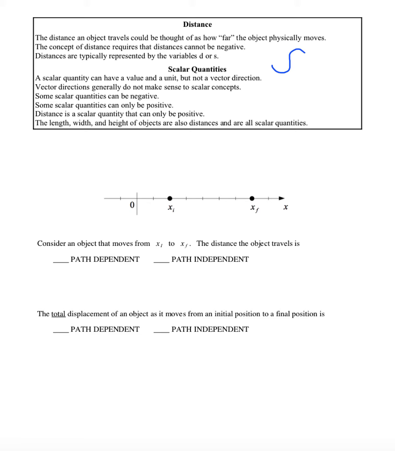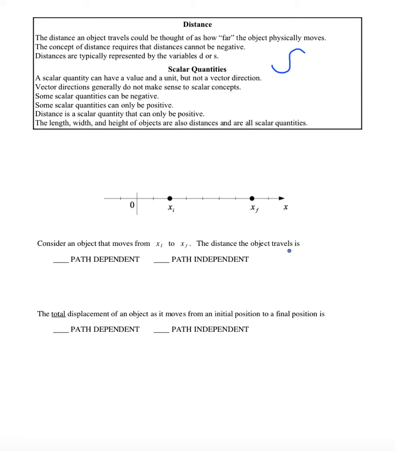Now, one other important way to tell whether a quantity is a vector or not is vectors can have more than one component, and we'll get into that in future videos. But for now, consider an object that moves from xi to xf in this axis here.